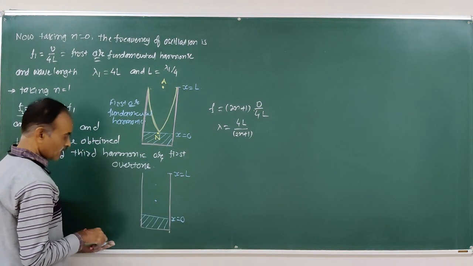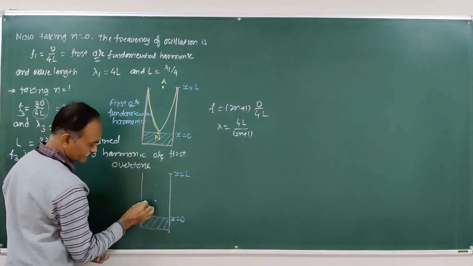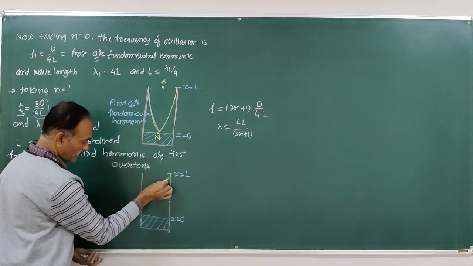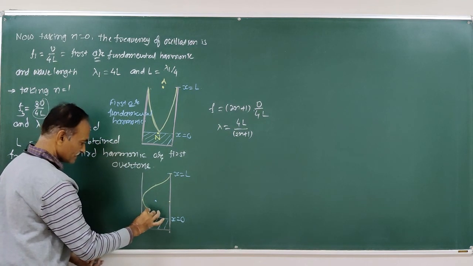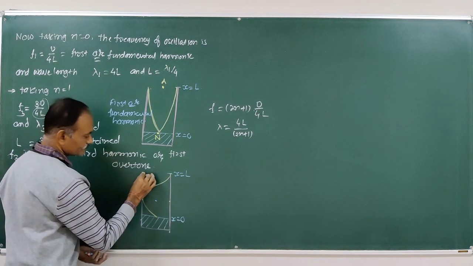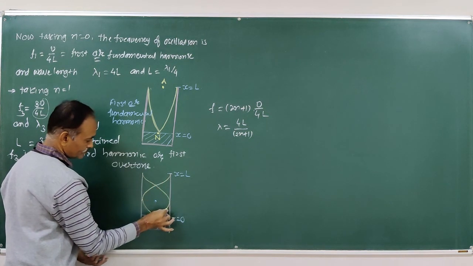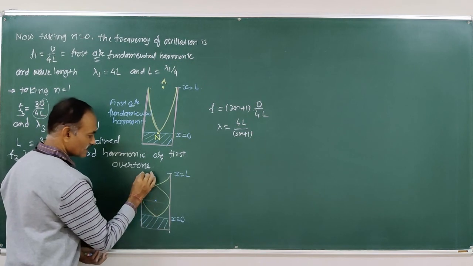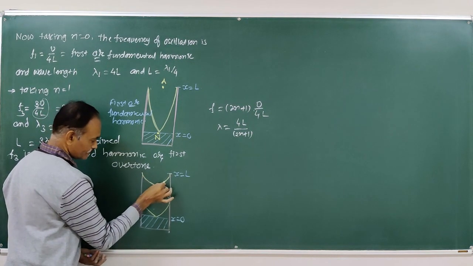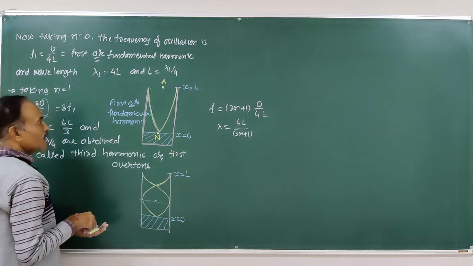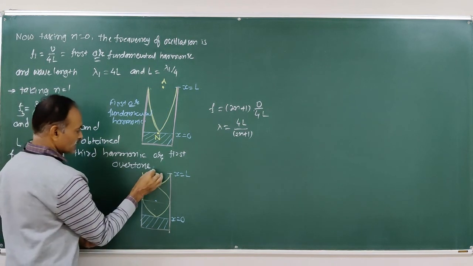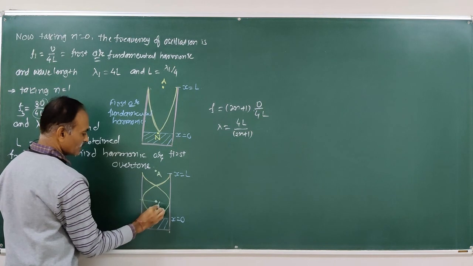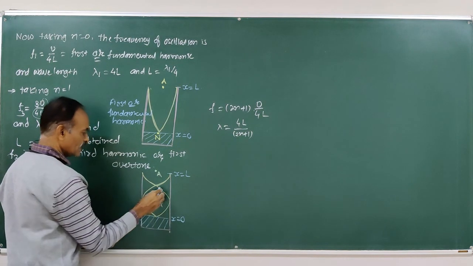Therefore, our wave is produced like this. There is the first part, the second, and the third part. Here this point is an antinode, this point is also an antinode, and this point is our node.